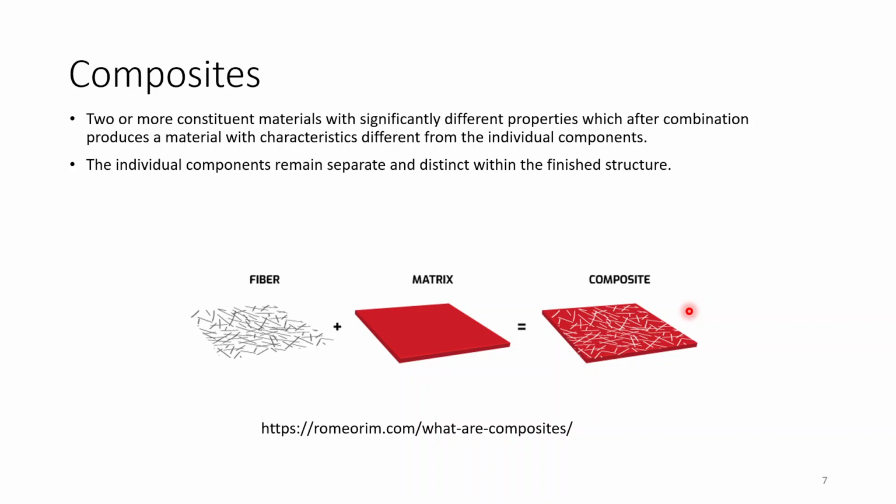Two or more constituent materials with significantly different properties, which after combination produce a material with characteristics different from the individual components, and the individual components remain separate and distinct within the finished structure. For example, fiber embedded in a matrix will form a fiber reinforced composite.